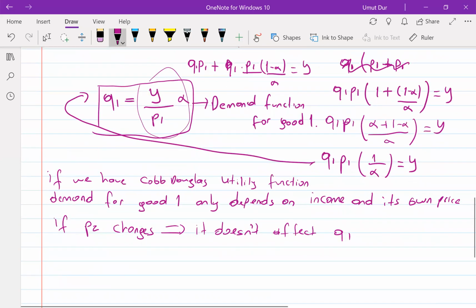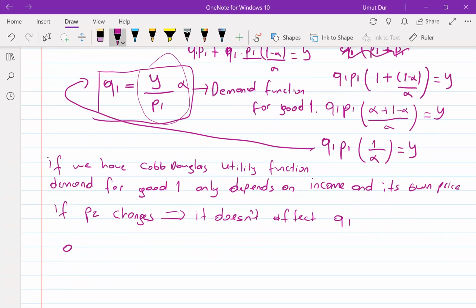And if you do the same thing for good 2, you can derive the demand function for good 2 as symmetric to this one. It will be Y over P2 times 1 minus alpha.